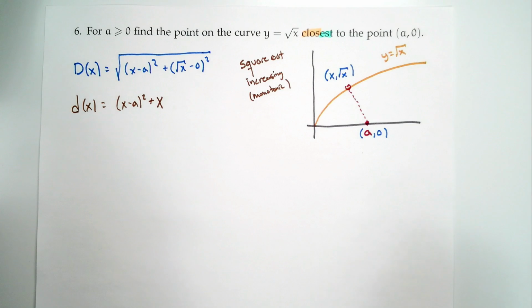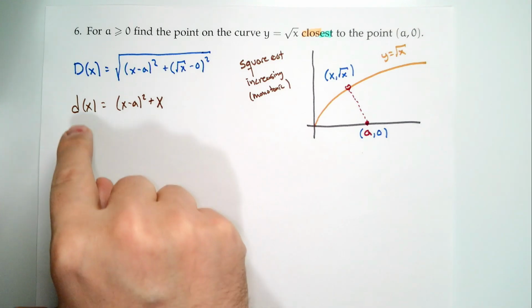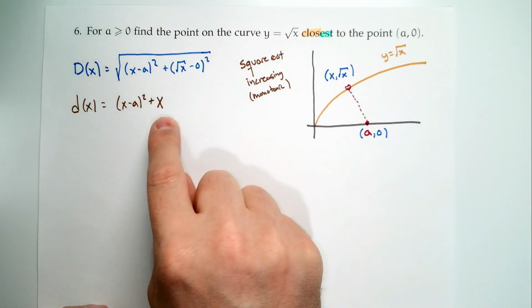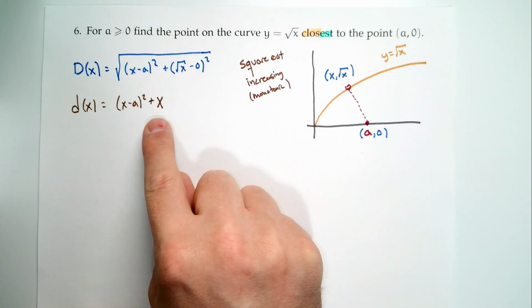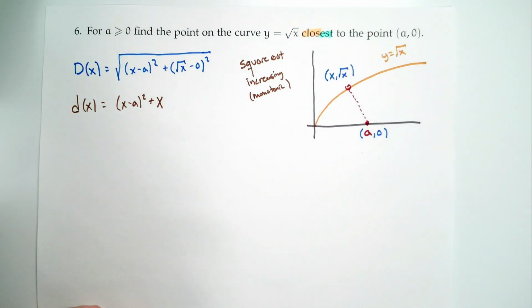Now, here's something we have to be really, really careful about. And it's super, super subtle. So I'm going to pause for a second here and ask the question, is there anything else I should say about my function d of x? Namely this (x minus a) squared plus x. All right, do you see it? There's a restriction on x.